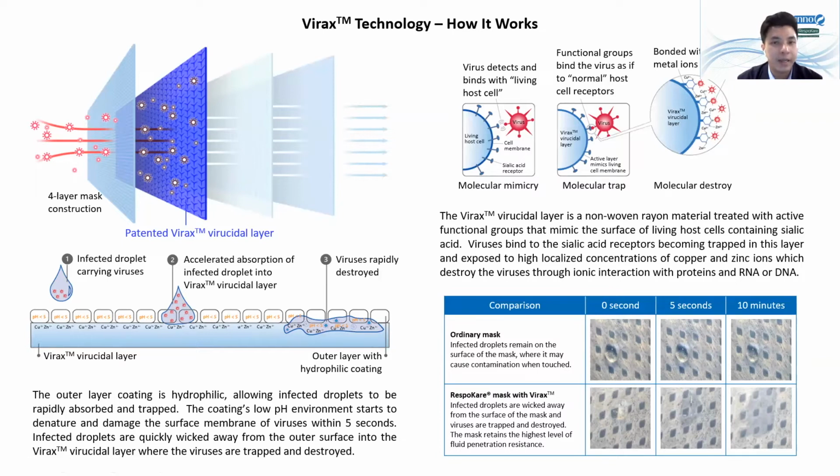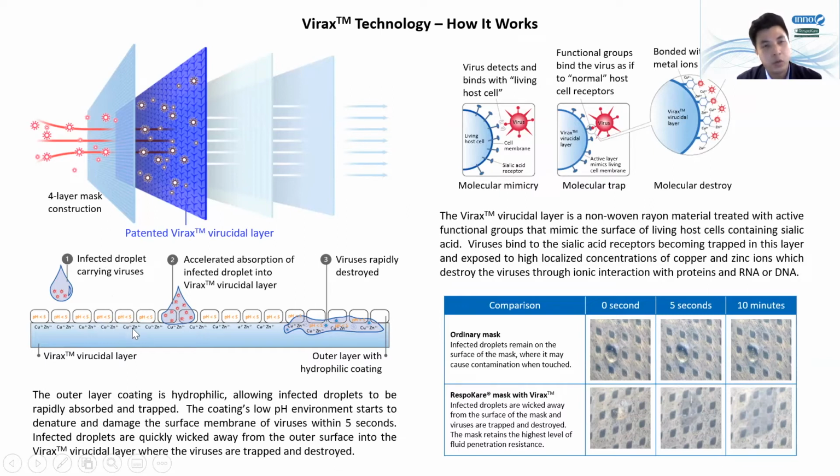Usually for a normal surgical mask, the first layer is hydrophobic, for fluid resistance. But in our mask, the first layer is hydrophilic. When an infected droplet carrying virus touches the first layer, the citric acid at the first layer absorbs the virus droplet in and denatures the surface.